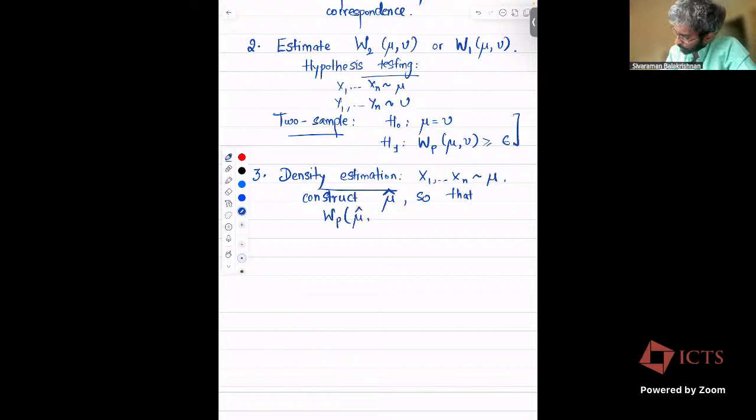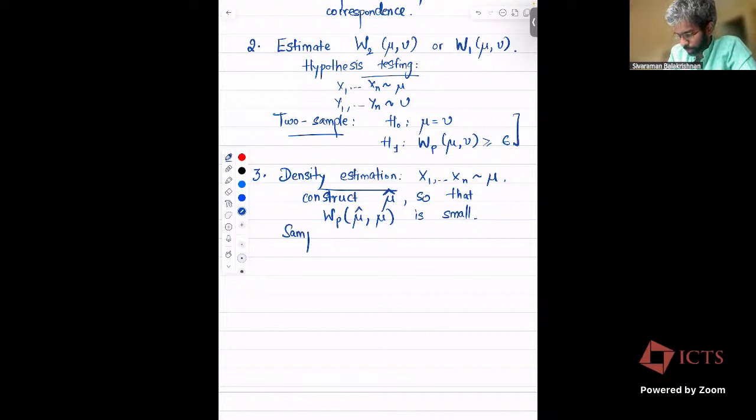And again, you can ask, how many samples do I need? And so on. So you can ask about the sample complexity of this task. So all of these are statistical optimal transport problems where the basic premise is, instead of giving you the distributions, I give you samples from the distributions.